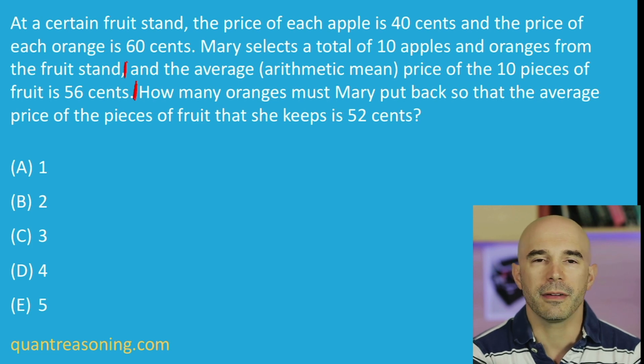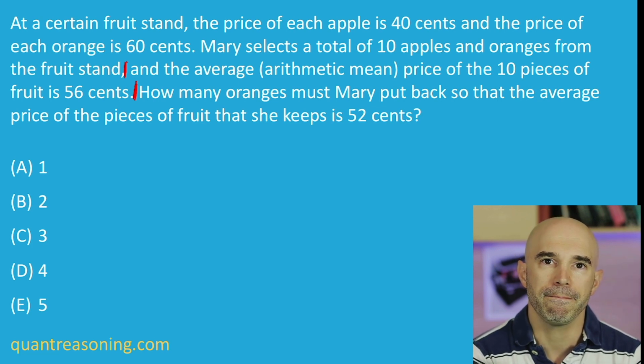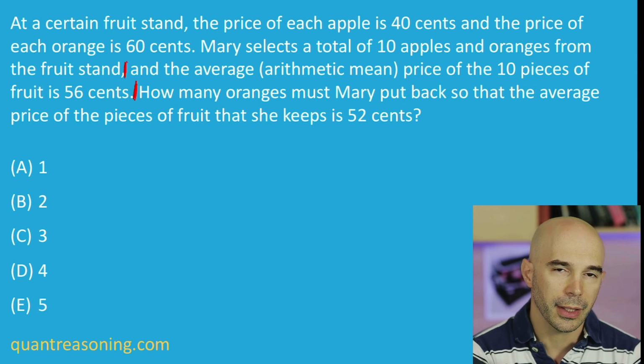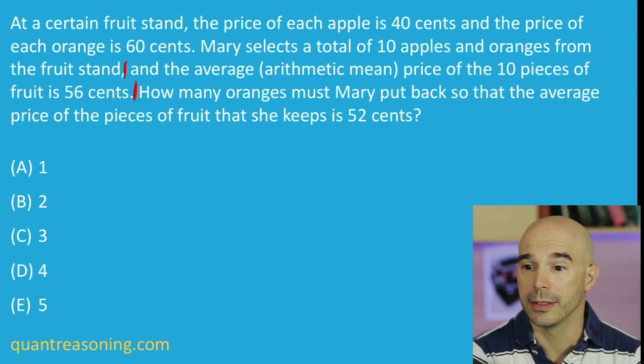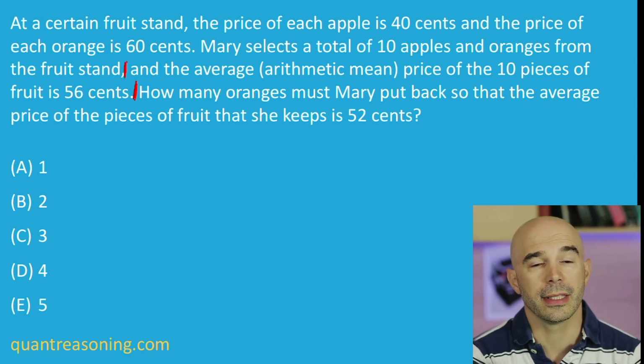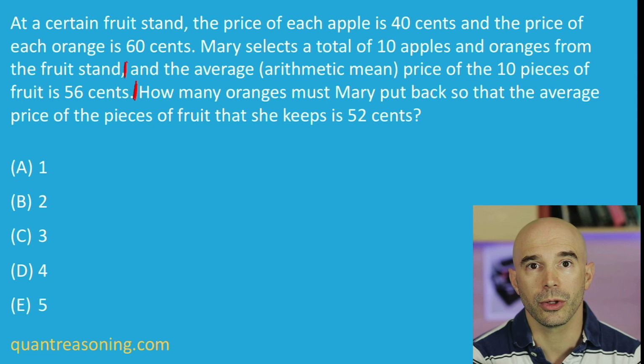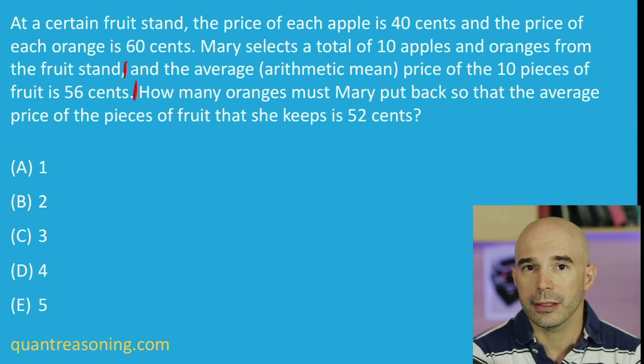But I can take it a bit further than that, can't I? The fact that 56 is closer to 60 than it is to 40 implies that Mary bought more oranges than apples. So now I can say it was at least 6 oranges and at most 4 apples. That's what she bought.